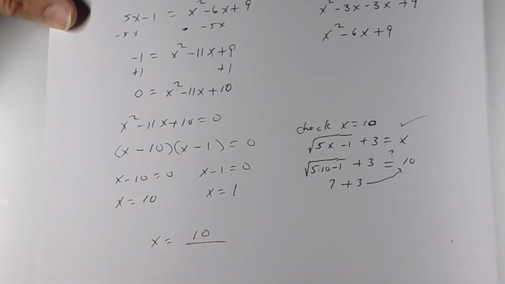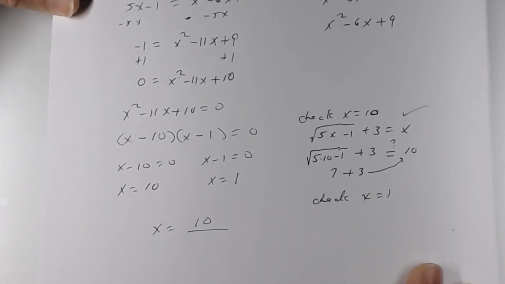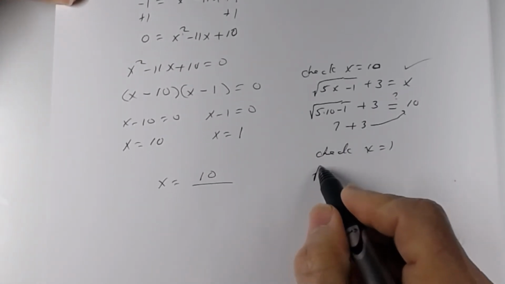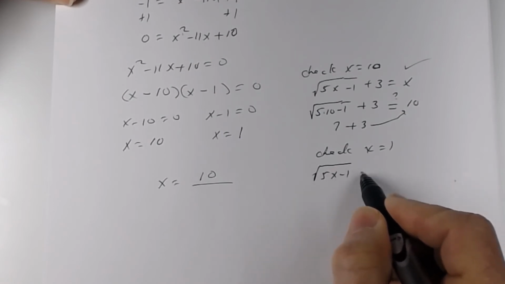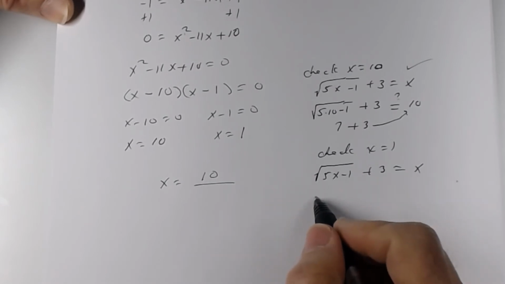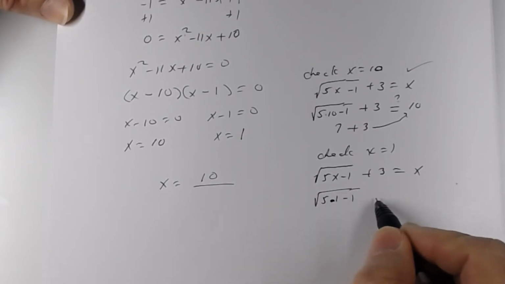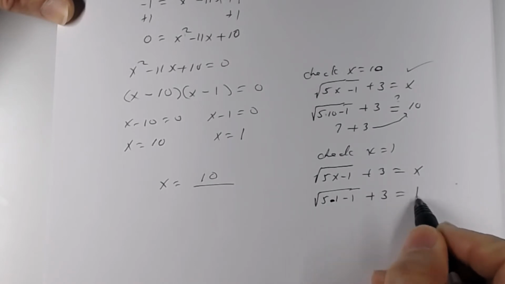Now let's check x equals 1. Go back to the original. So write down the original, which is this. And where we see the variable x, what do you substitute? Substitute 1. So I get the square root of 5 times 1 minus 1, plus 3, equals 1.